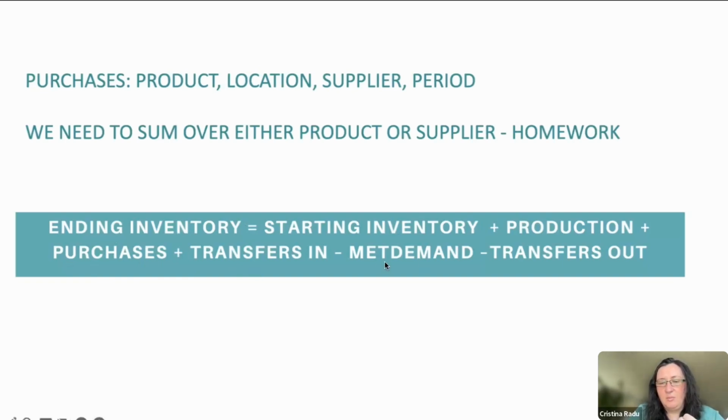Sorry, transfers in are with plus, met demand and transfers out are with minus because they are leaving the node. This is what I explained in the first lesson. So I will let you figure out how to sum the purchases, and then next time we will check it in the homework.